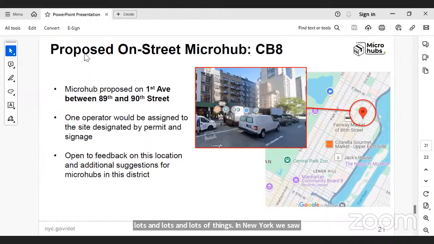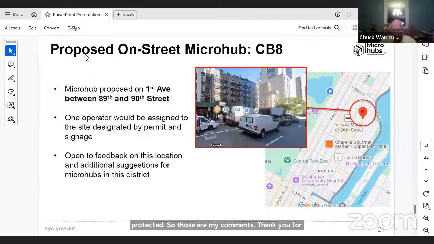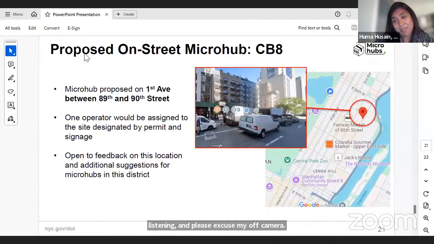So while everything sounds great on paper, my concern is just how will we know that this program will actually be enforced, and that the public safety, the streetscape, and everything else will be maintained and protected. So those are my comments. Thank you for listening, and please excuse my being off camera. Okay, I guess that's one of the reasons for a pilot program. Yeah, absolutely. We're trying to test it.